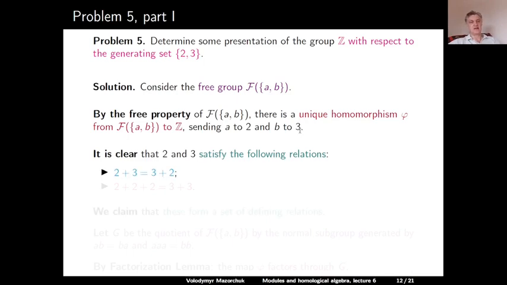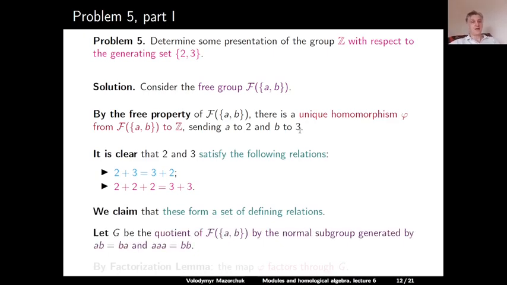It's clear that, first of all, addition is commutative, so 2 plus 3 is equal to 3 plus 2. And it's also clear that 2 plus 2 plus 2 is equal to 3 plus 3. So these relations are obvious. So we claim that the corresponding set of relations in our free group is the full set of defining relations.